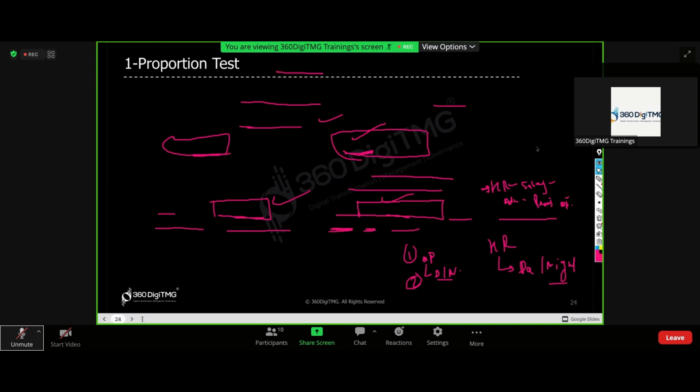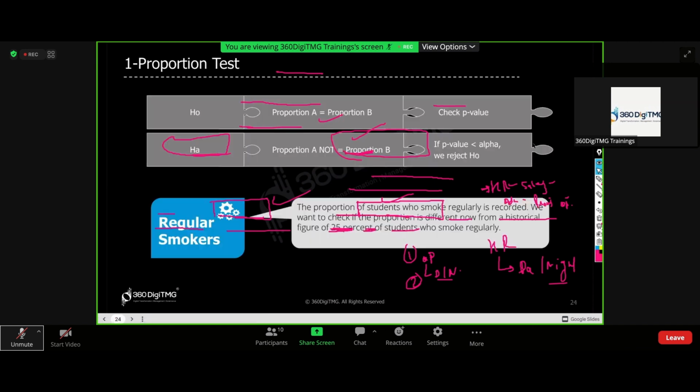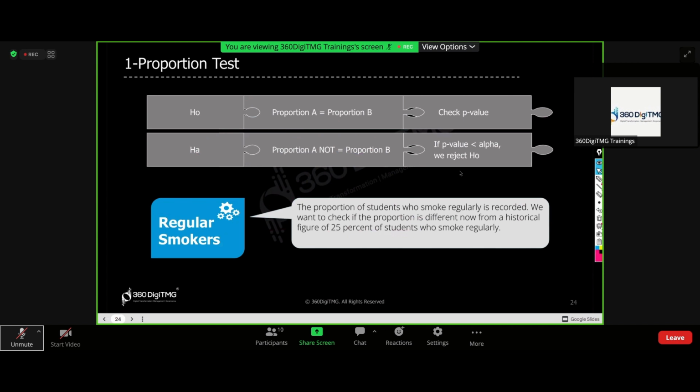This is something we already discussed. So this is your null hypothesis and this is your alternate hypothesis. And there is something called p-value, which is the significance level. Generally this hypothesis testing will also be there in the master class.